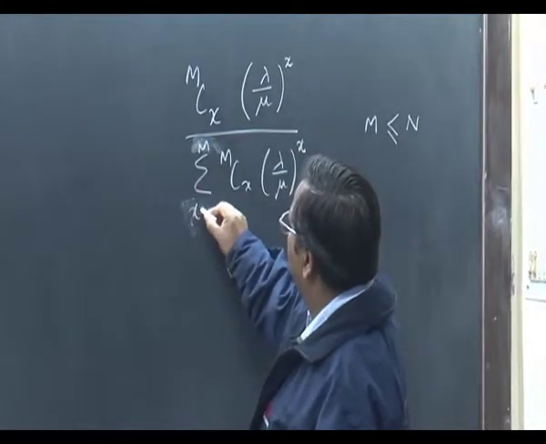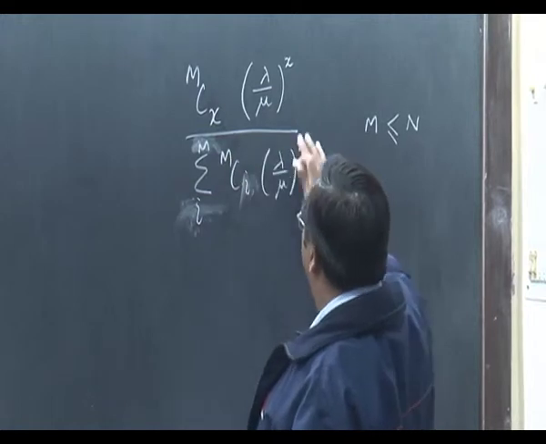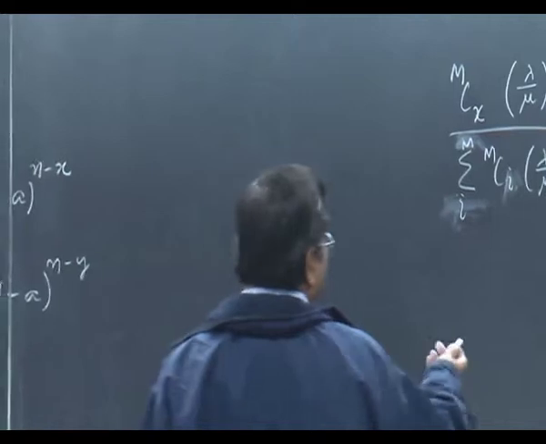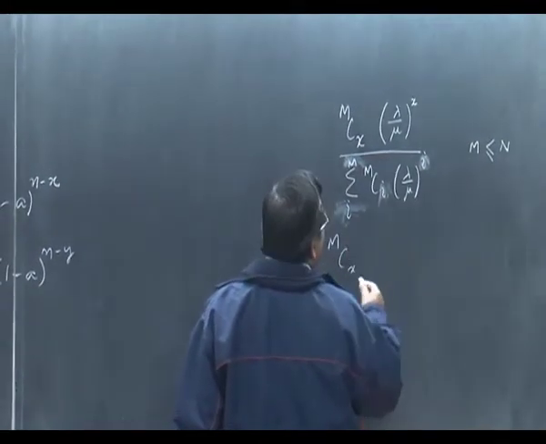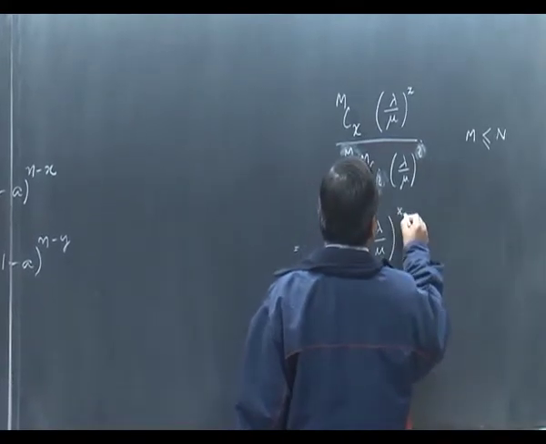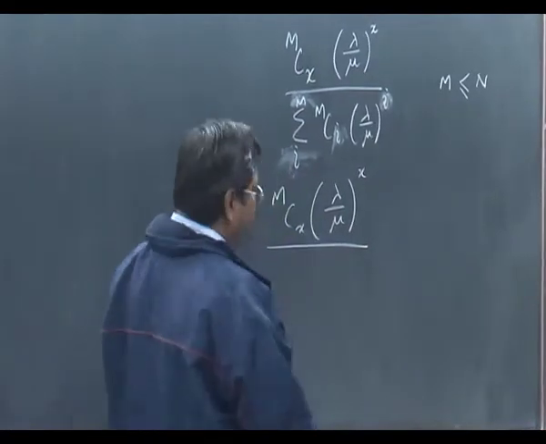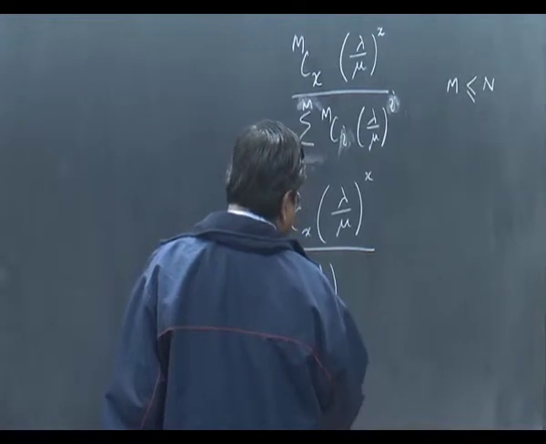X, you make it I actually, that's better, so it will not confuse. Okay. And what I did, I think, if you recall, I did very fast because it was at the end of the class. Now this is a complete binomial, so I can always write this as 1 plus lambda by mu raised to the power m.